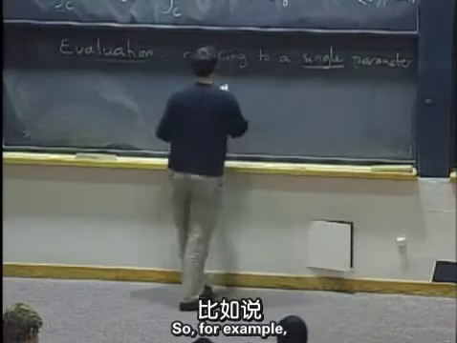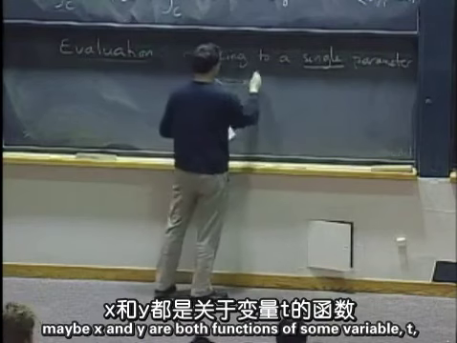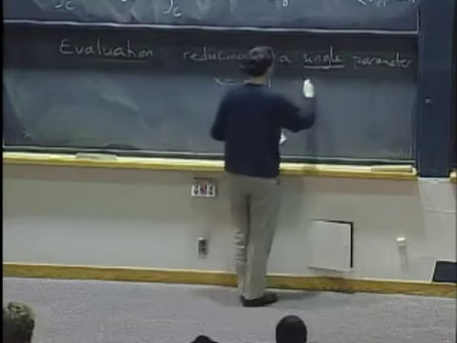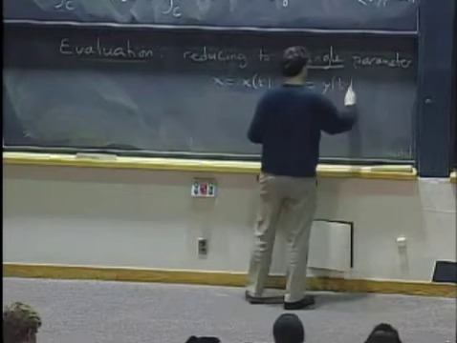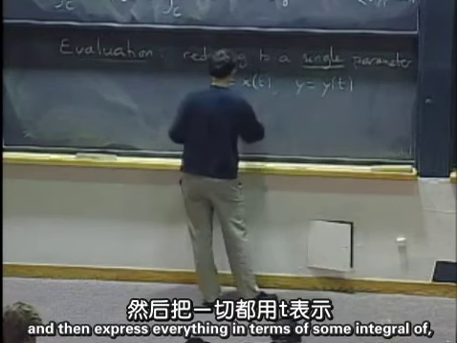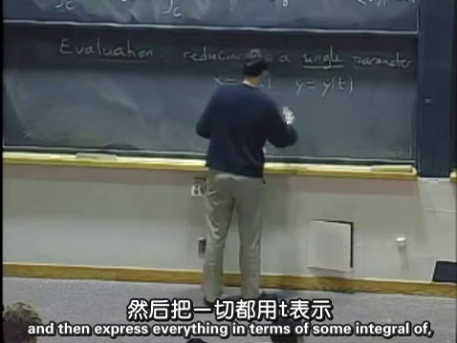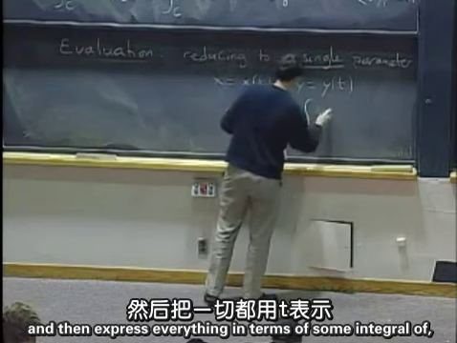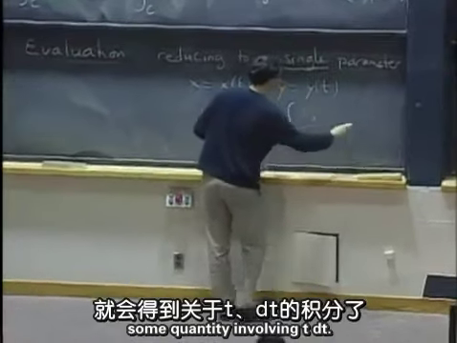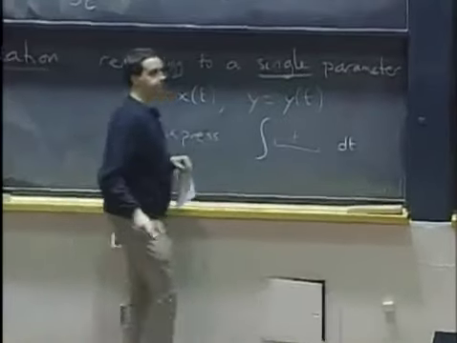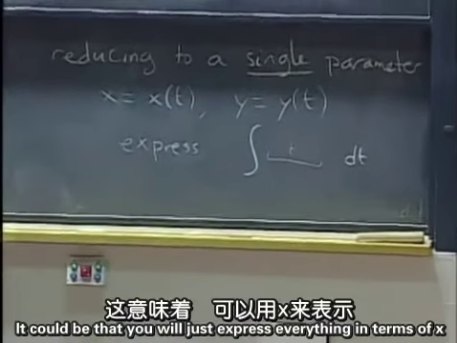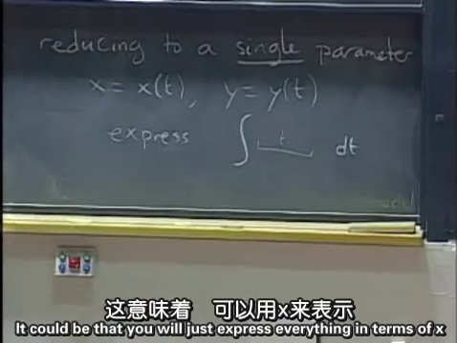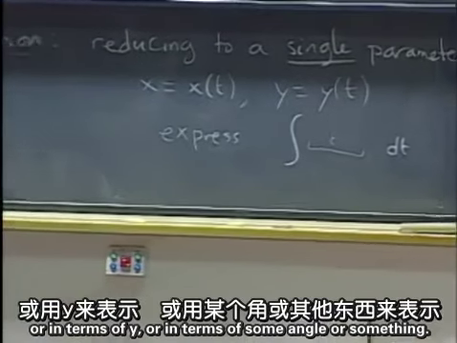So for example, maybe x and y are both functions of some variable t, and then express everything in terms of some integral of some quantity involving t dt. Could be that you will just express everything in terms of x or in terms of y or in terms of some angle or something.